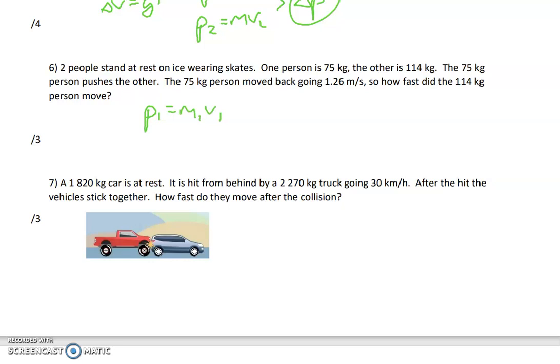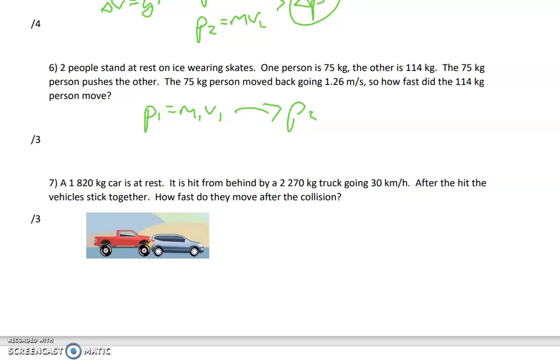This has to be equal to the momentum of the second person. So you transfer the momentum to the other person because they have to be equal, divide by their mass, and you can get how fast they're going. Now, the 114 kilogram person has a higher mass, so their v should be smaller because they have more mass to compensate.